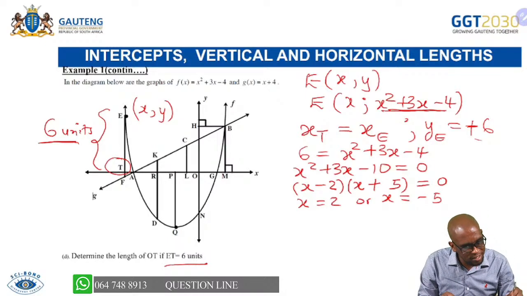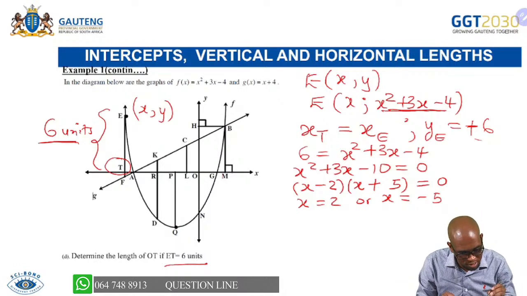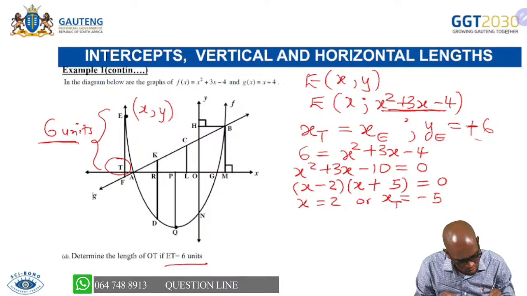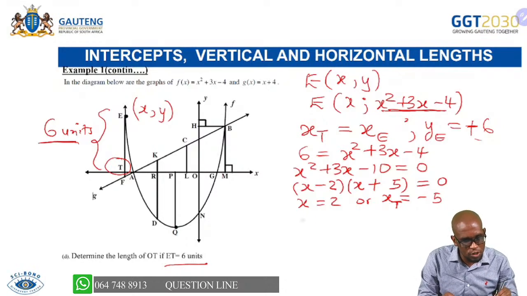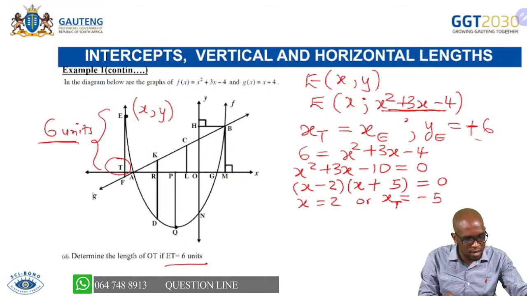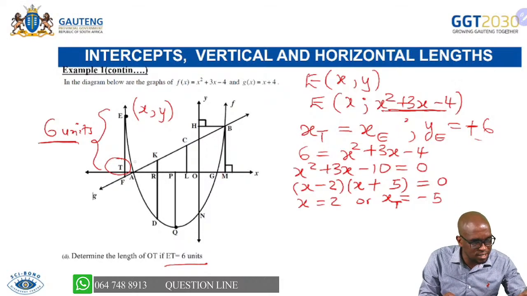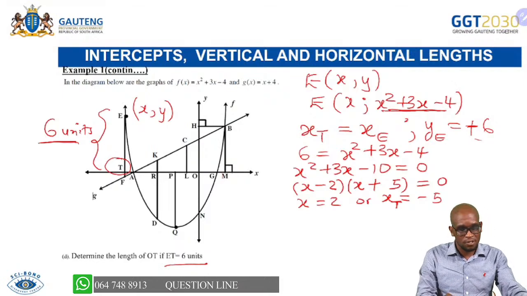If you check, T is on the negative x-axis, which means that x at T would be -5, because 2 is on the positive x-axis, and that's not what we are looking for, because T, the letter that we are interested in, is on the negative x-axis.